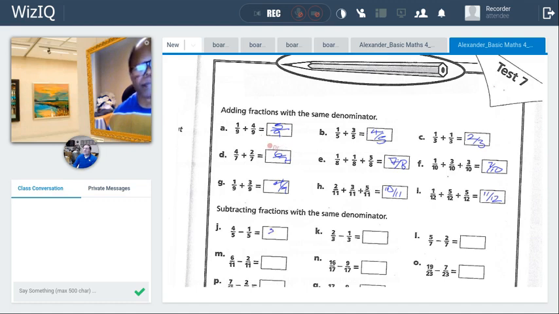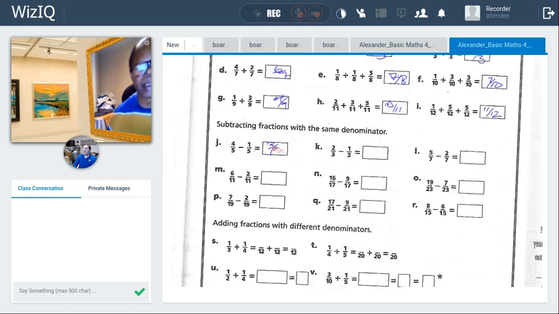That's as far as I can see. You can see the others. All right, now it's all right.